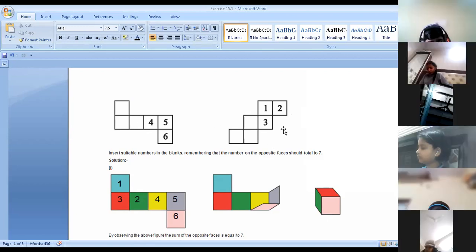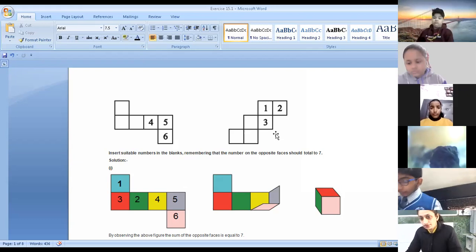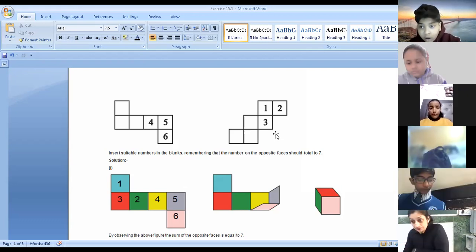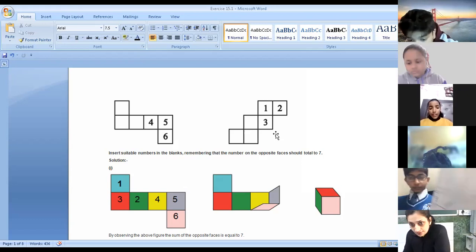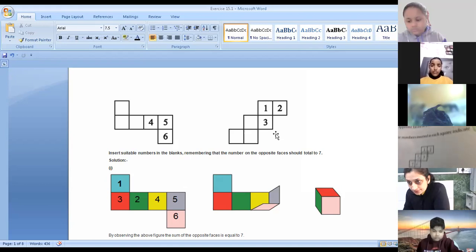And in the second net, it is given 1, 2, and 3. Now we have to fill 4, 5, and 6 in this net. So where are you going to write 5, 4? Yes, Astha, unmuted. Ma'am, do you have to draw the figure or paste a sheet? You can draw it. Okay, ma'am.